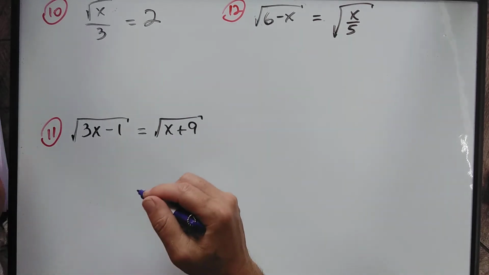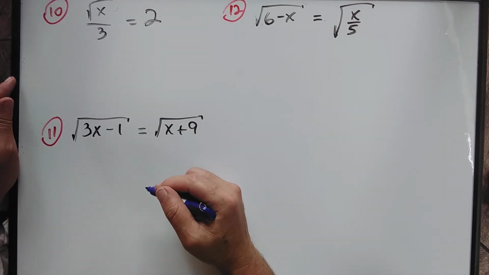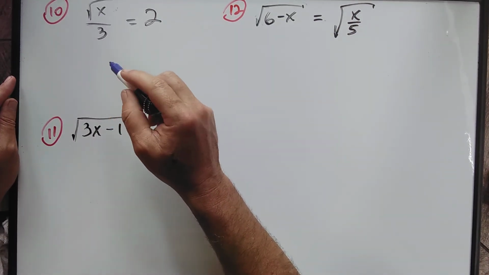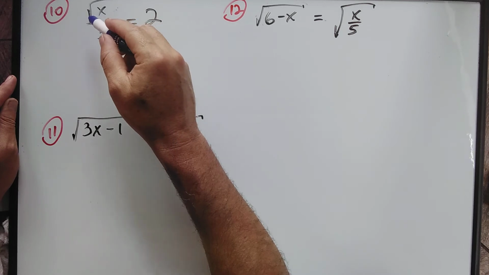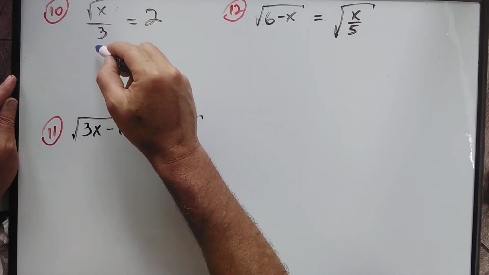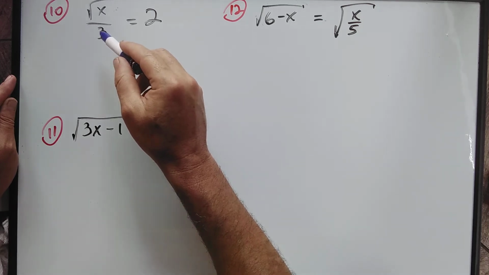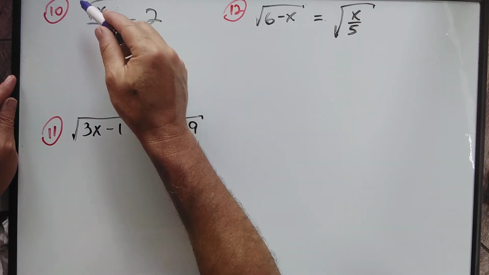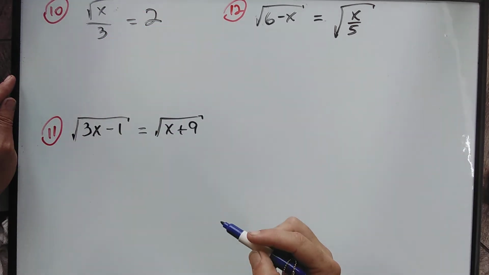Okay guys, that's 3 examples. So number 10 looks very much like the previous example. But now we notice that the radical doesn't go all the way, and the 3 is not included. The one before, the radical went all the way down here, so at that point I squared it.